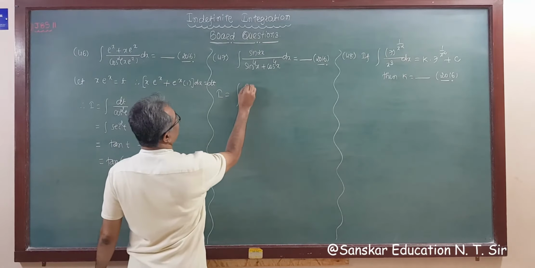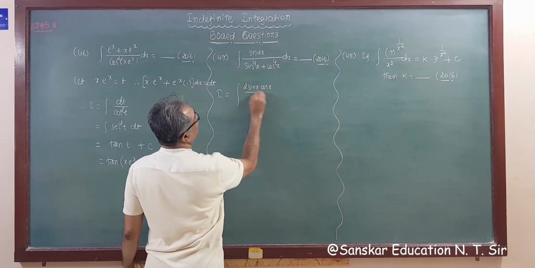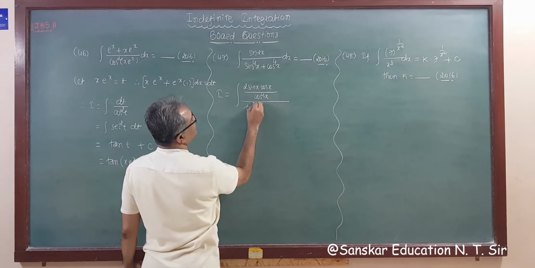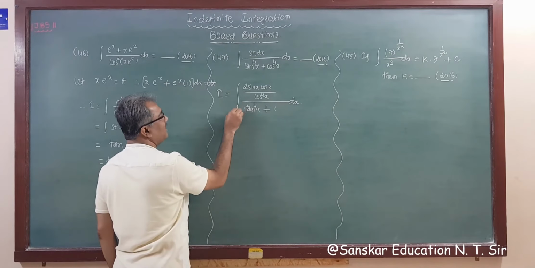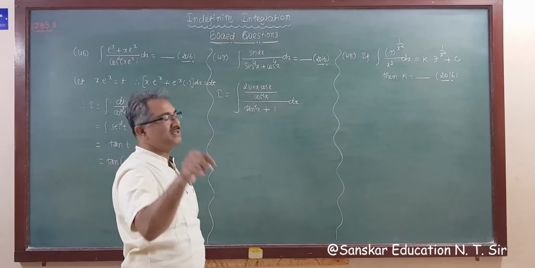So sin twice x is 2 sin x cos x divided by cos raised to 4x, right? And denominator, this is tan raised to 4x, I am not writing here, plus 1 and dx. So dividing numerator and denominator by cos raised to 4x, which is not equal to 0, that is also important.